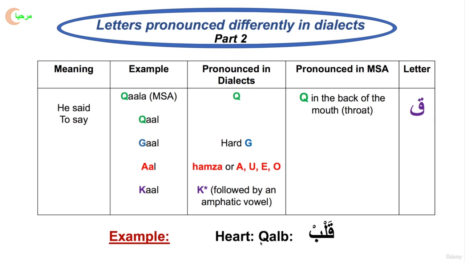It's like we drop the Q here. Alb. And if we want to pronounce it like we said in that small region in Palestine, then it will be kalb. So it's ka, kalb. And be careful not to pronounce it ke, kelb, because that means dog. So qalb, kalb, and kelb.